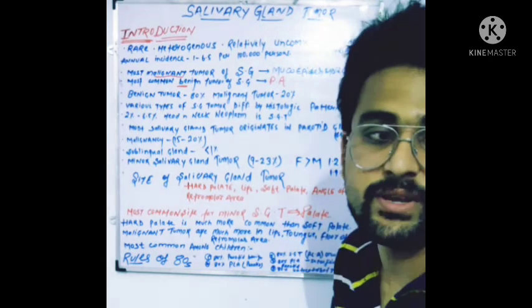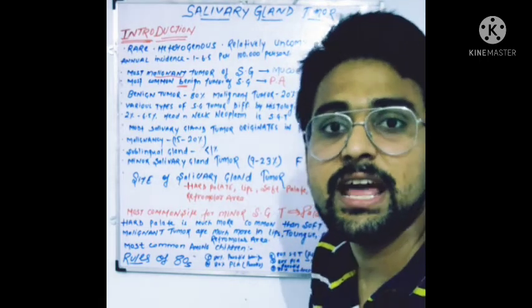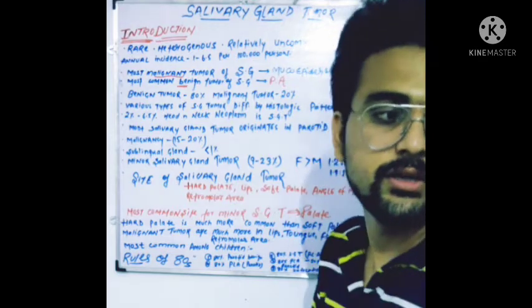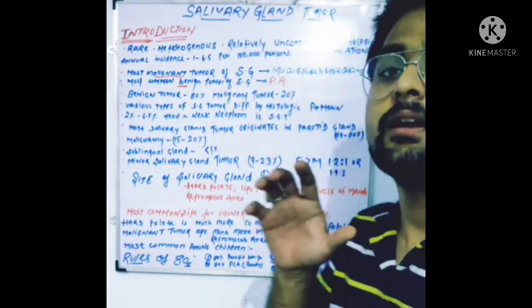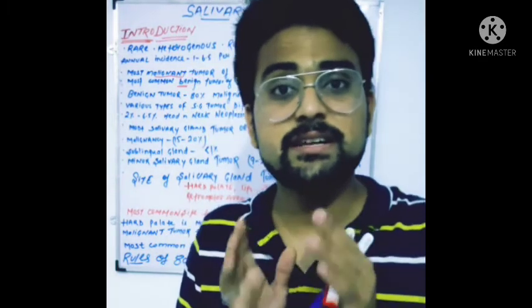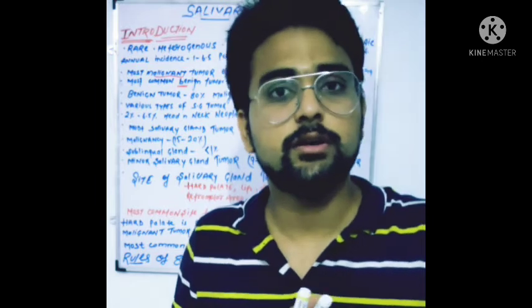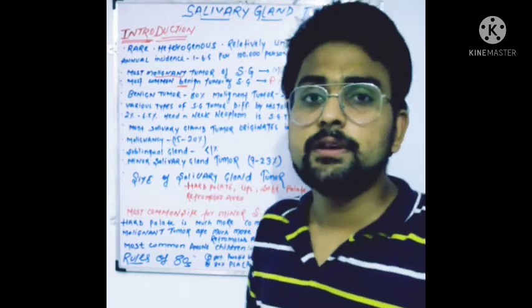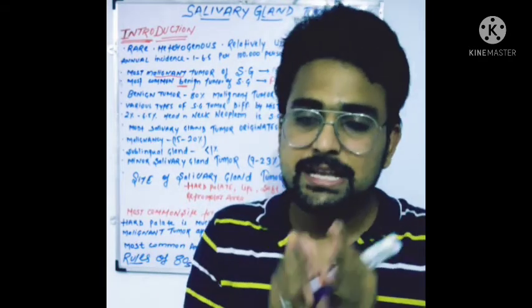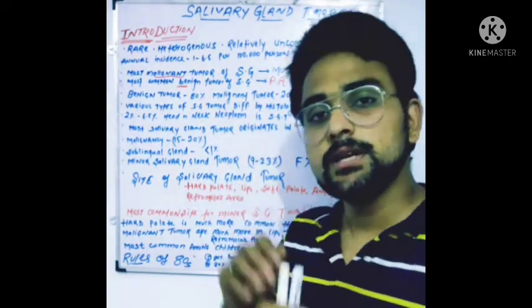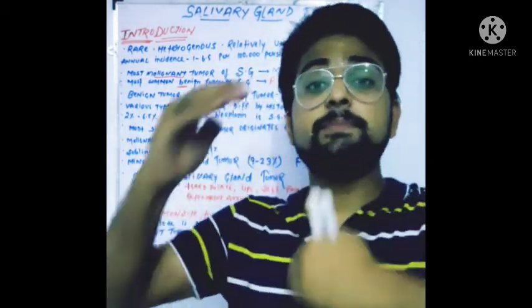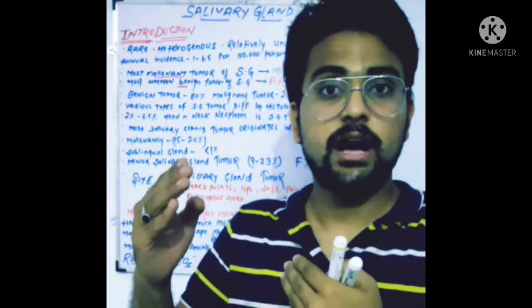Then increased occupational risk, like a person working in an asbestos, nickel or silica dust area, can have tumors of this gland. Then sometimes, we know the salivary glands are exocrine glands, and there is excessive production of gland hormone.